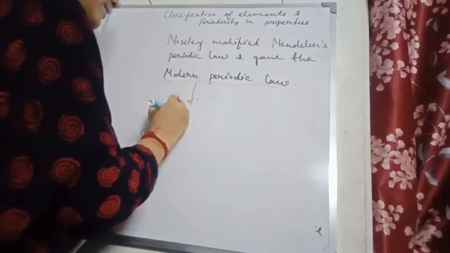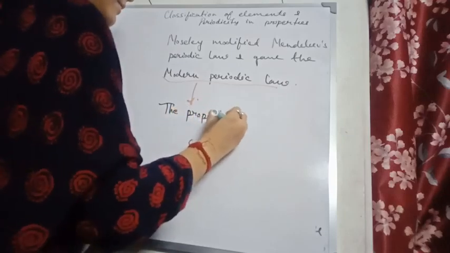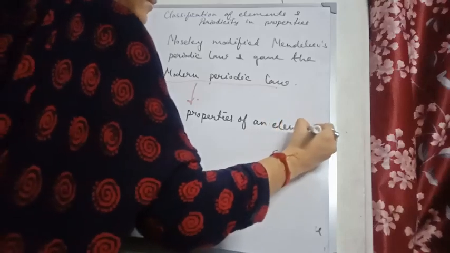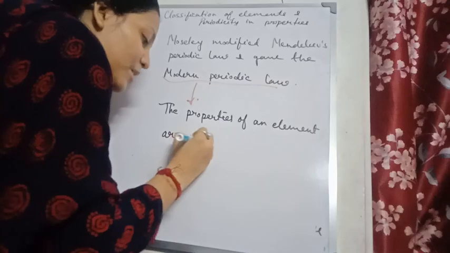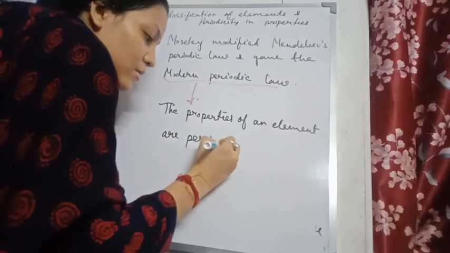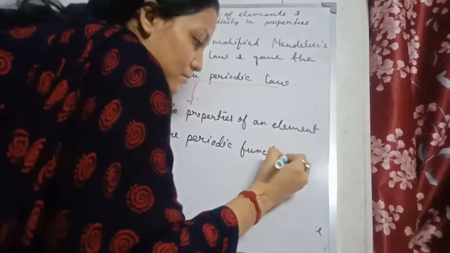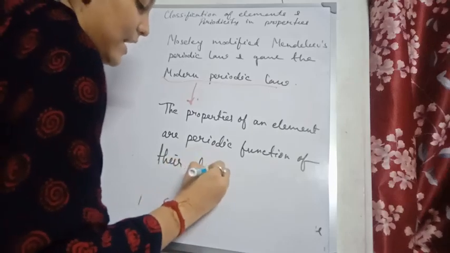The properties of an element are a periodic function of their atomic number.